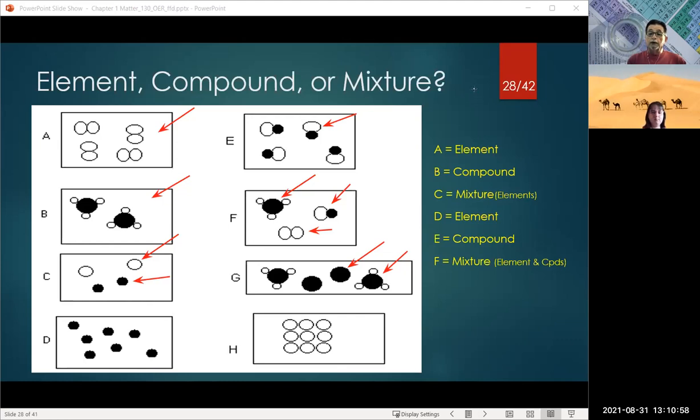Finally, the last one is all clear and very ordered, and that certainly is an element of some sort. And pretty much a solid, you can tell because all the spheres are nice and ordered, and that could represent an element in the solid phase.